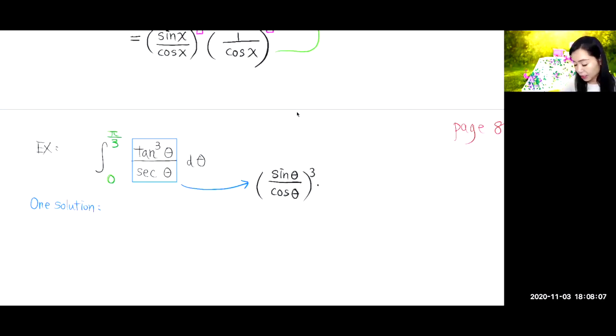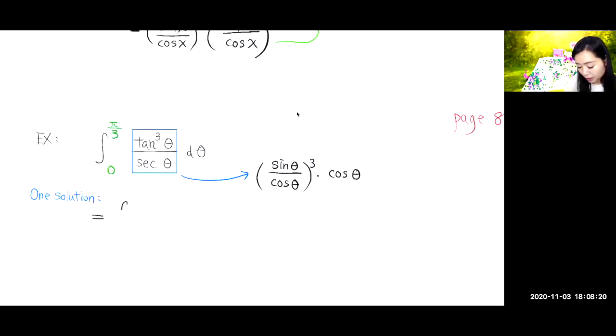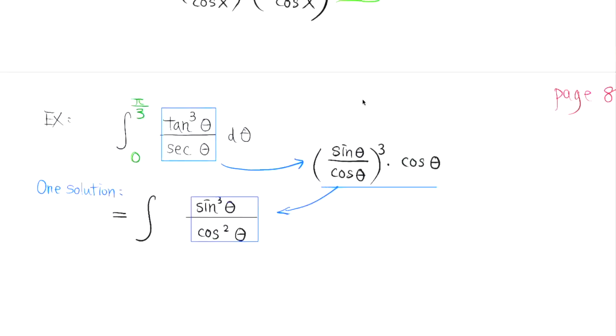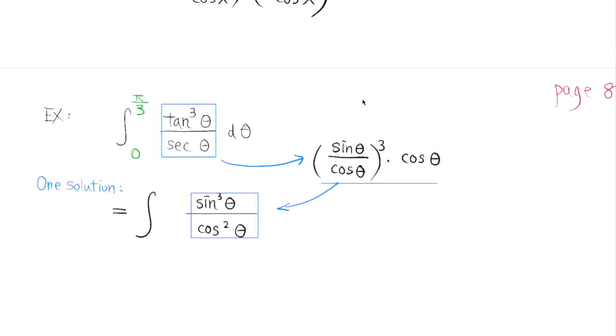And secant is the reciprocal of cosine, so dividing by secant is the same as times cosine. So this is equal to the integral of sine cubed theta over cosine squared theta d theta, where theta goes from 0 to pi over 3.